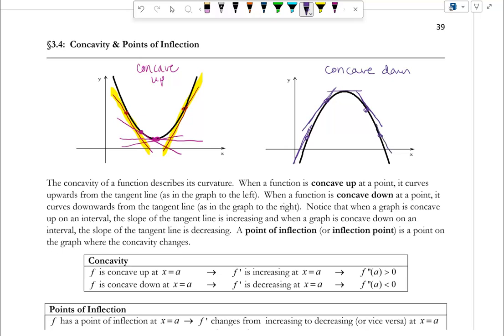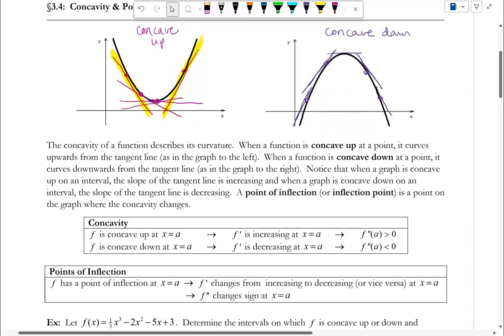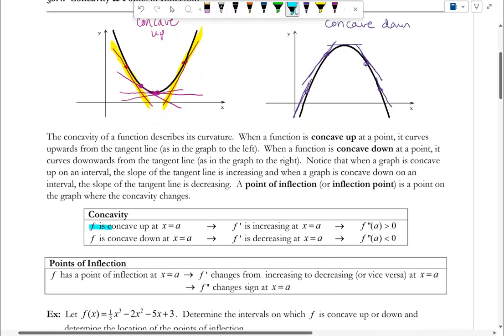If we think about the relationship with our second derivative, our big, very important takeaways in this box are that our function f is concave up at any particular value x equals a if f prime is increasing at a, and that would mean our second derivative at a is positive.